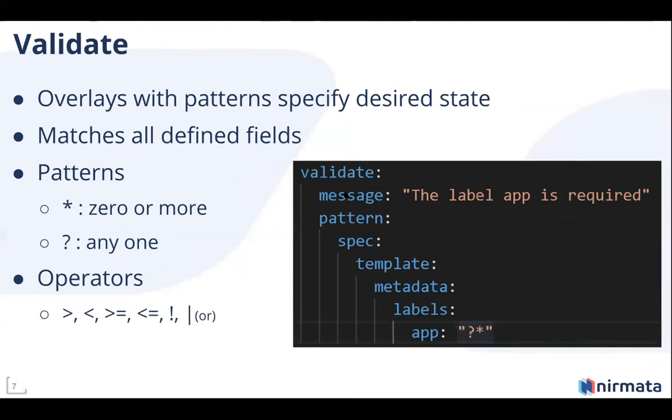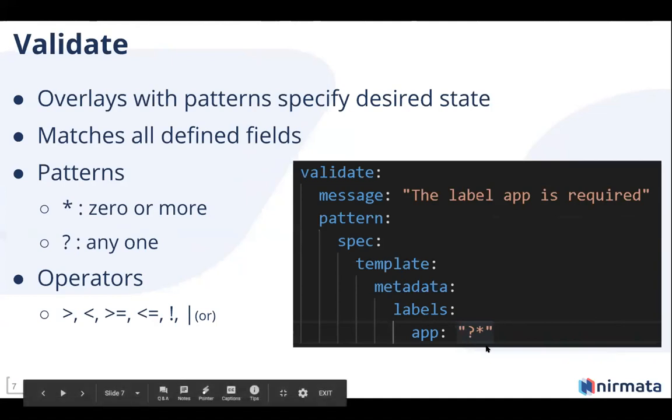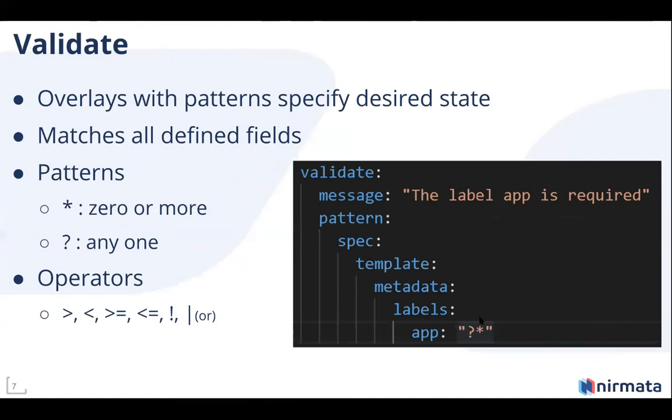This validate rule is to say that the label name called app is required in the incoming resource. And here I used this pattern, the question mark and this star, to say that I want this field to exist. And also we support some of the operators like greater than or less than.